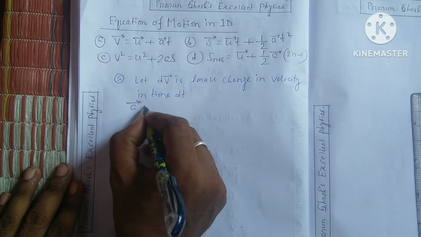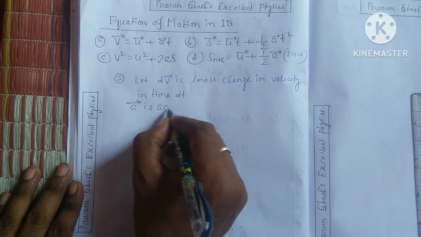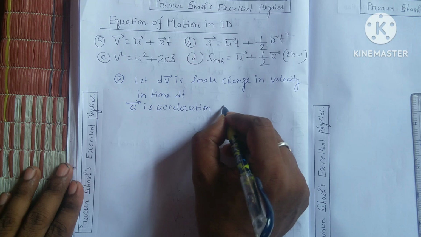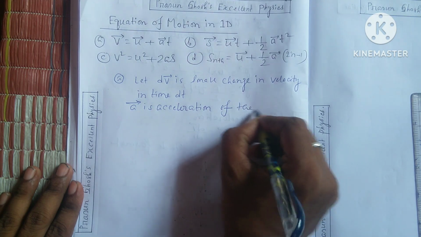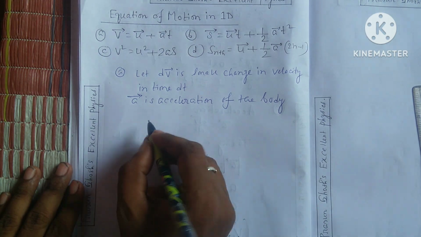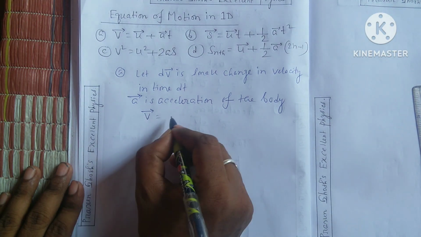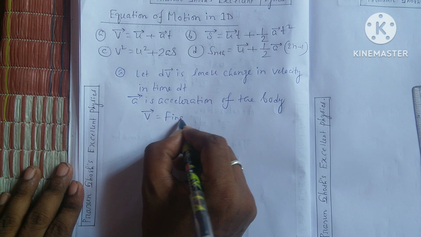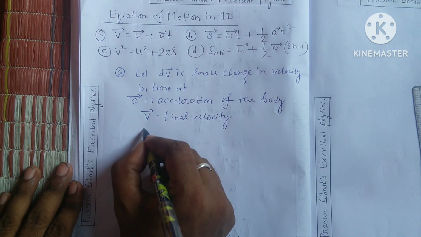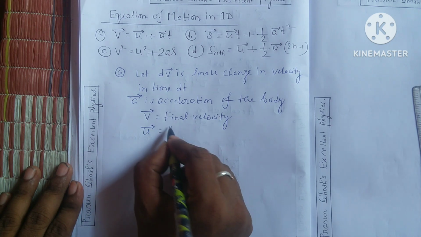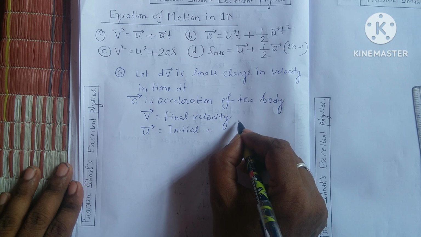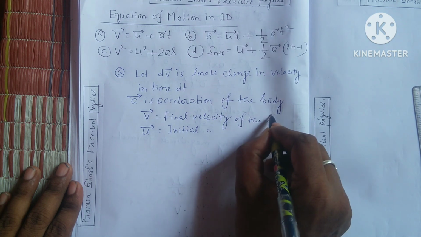A is the acceleration of the body. V is the final velocity, U is the initial velocity. This is of the body.